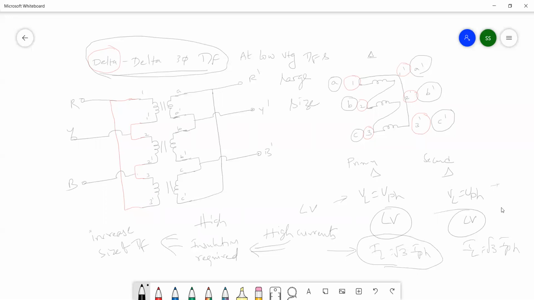Having any doubts under three phase transformer connections? In all the four configurations, that is star star, star delta, delta star and delta delta, your circuit diagram and 3 to 4 theoretical points: how they are connected, where you are using them, and what the application is for all the four connections.